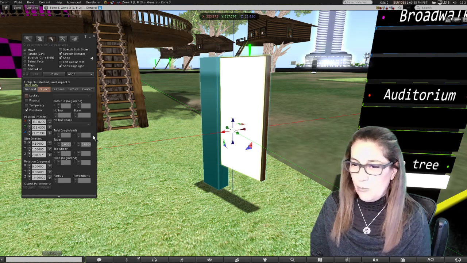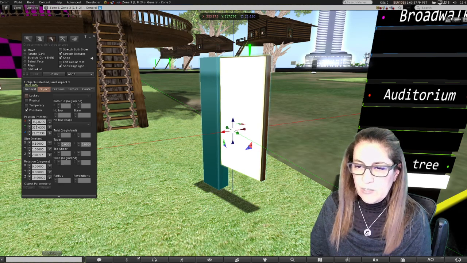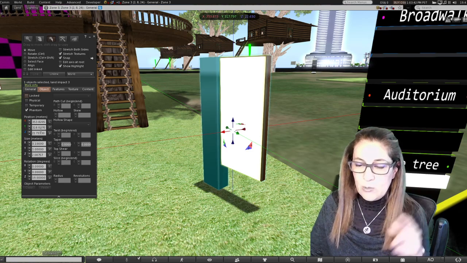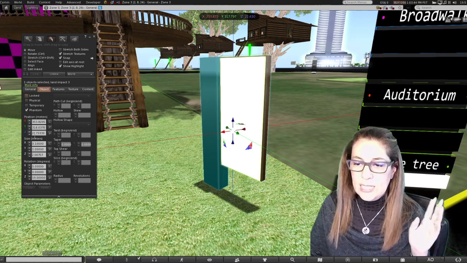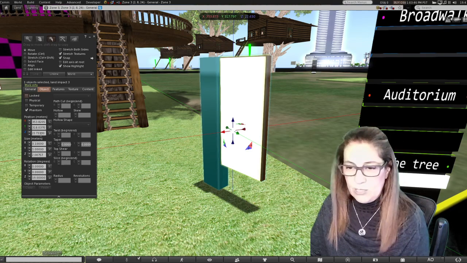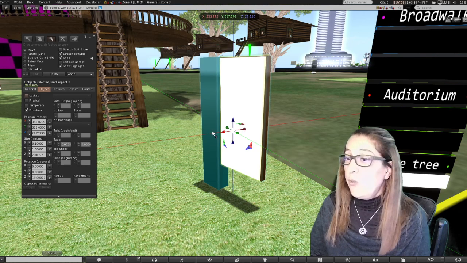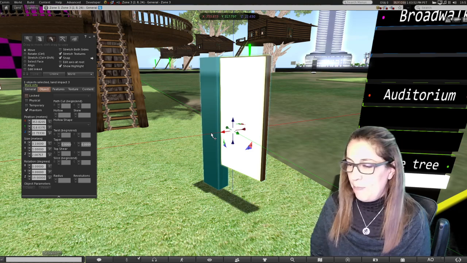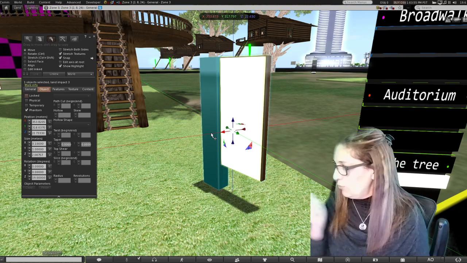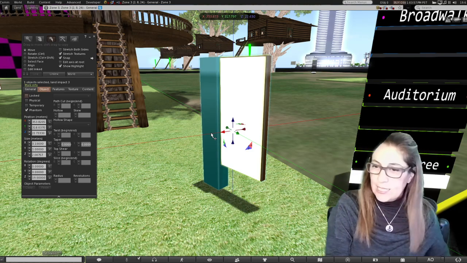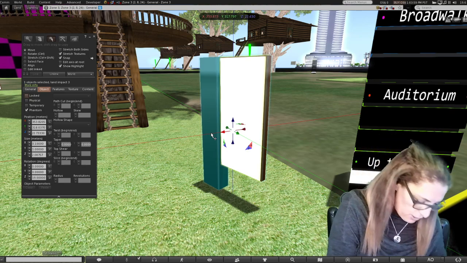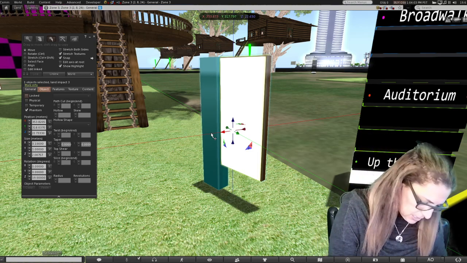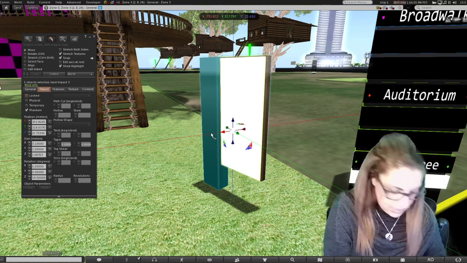So this particular router is at 353 point something for X, Y is 308, and Z is 22 point something, so almost 23. For the coordinates, we don't actually need the decimal part. We can just round up or down. So I'm going to write it down on paper: 354 is the X, 318 is the Y, and 23 is the Z.